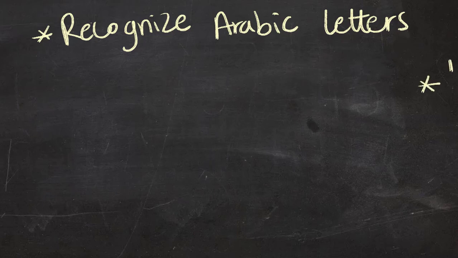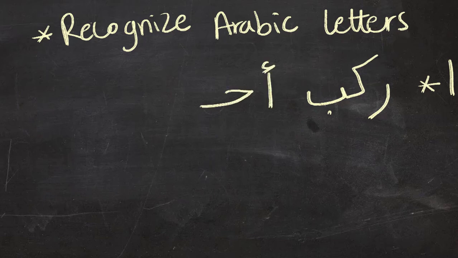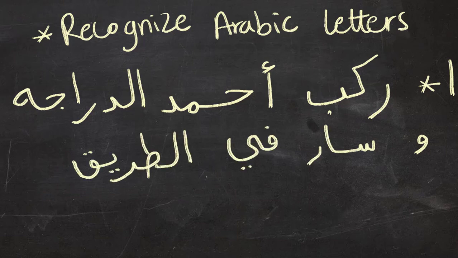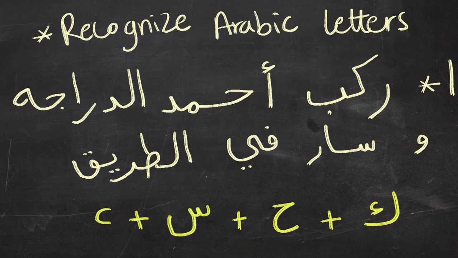The sentence is ركب أحمد الدراجة وسار في الطريق. Now what you're going to find is the following letters. You're going to find every letter that is kaf in this sentence, as well as ha, sin, and last ya.